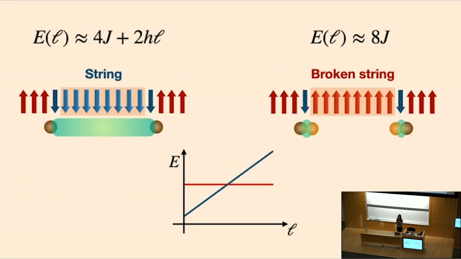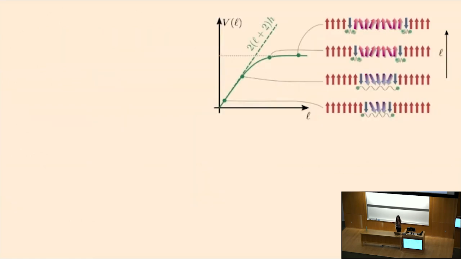The energy, if you look at the energy as a function of L, is very similar to what I showed earlier: linear growth, and then there is this saturation, this crossover. And this crossing point is precisely when the energy of the string compensates the energy of two domain walls. Now, this is the same plot, the same idea.